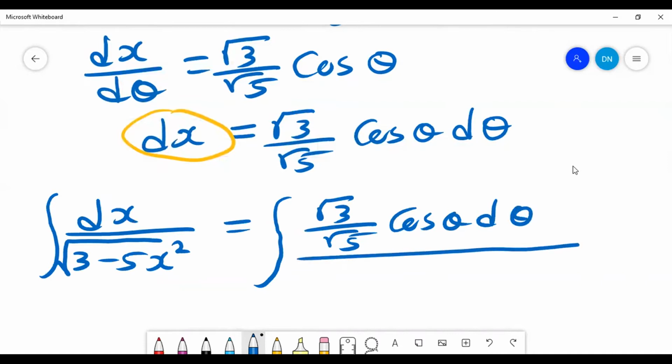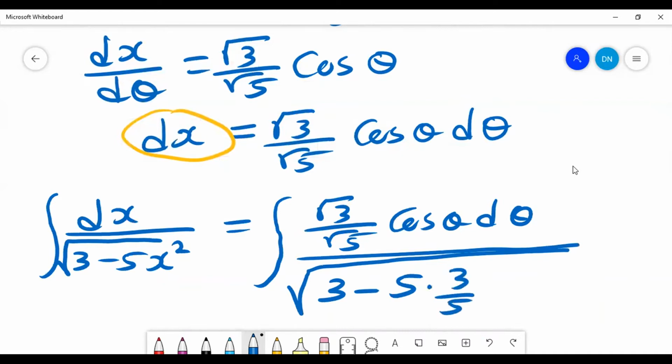Now let's come down here. It will be the square root of 3 minus 5. You remember x squared was 3 over 5 sine squared.